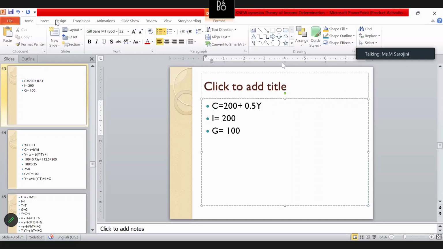Derive the national income. Do it quickly.